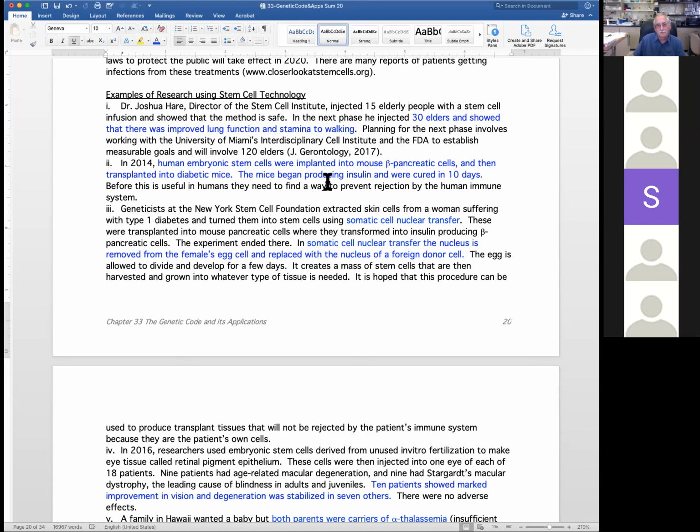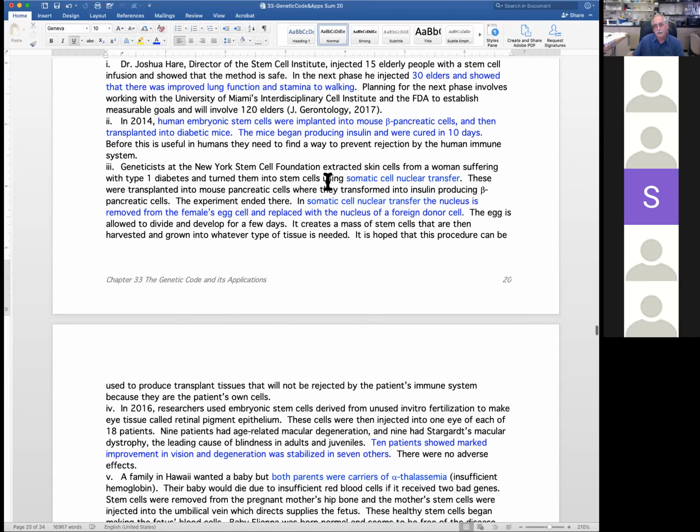So many of the stem cells are created by what's called somatic cell nuclear transfer. A somatic cell is a cell that, because of limitation of telomerase activity, can only divide maybe 20, 30, 40 times, then it dies off. So they transfer the nucleus from a female's egg and put it into the nucleus of the foreign donor cell.